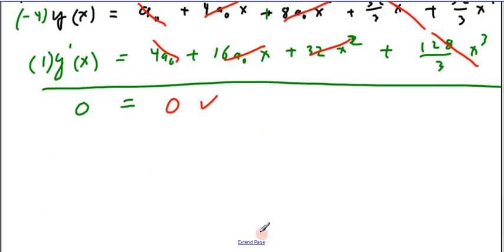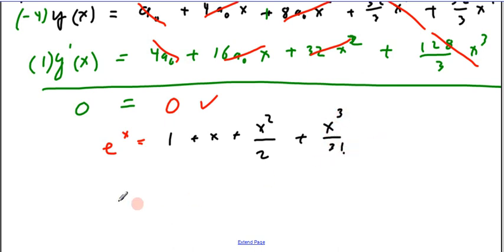And then I say, well, what is the expansion of e to the x? Well, e to the x is 1 plus x squared over 2 factorial, which I don't have to write the factorial for, x cubed over 3 factorial. What is e to the 4x?